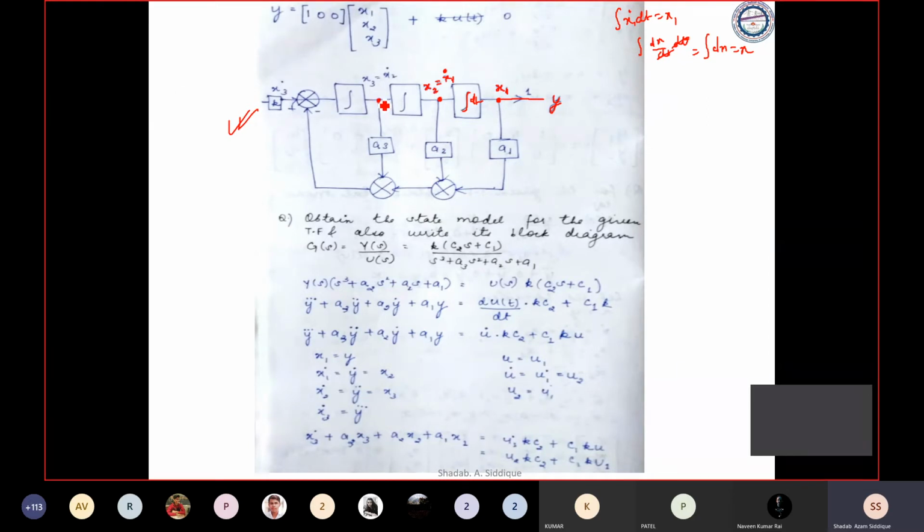The integral function is in time domain, it is having a differential function of dt. So if we integrate x2 dot, we'll get x2. So that's why it is written as x2.